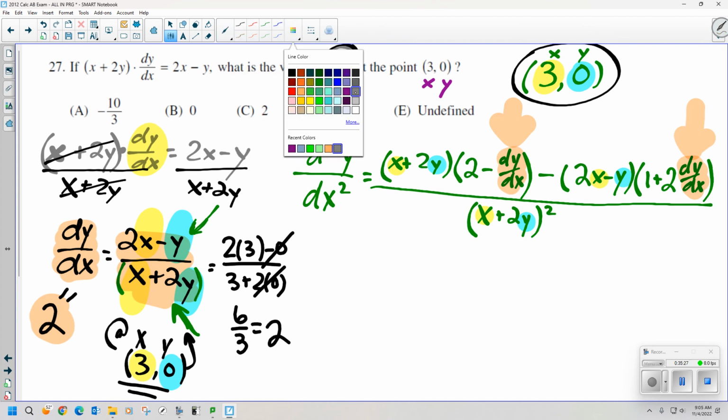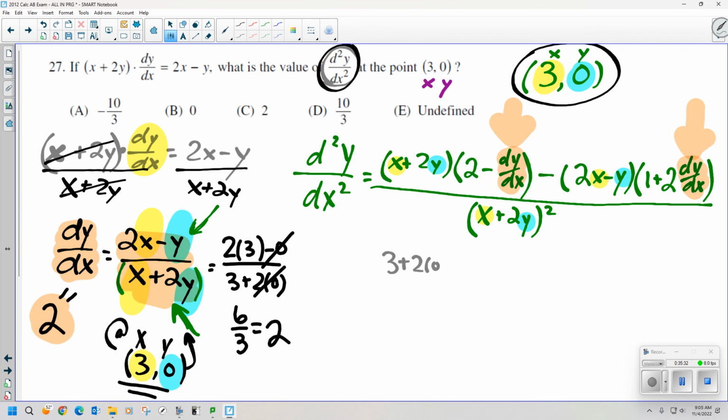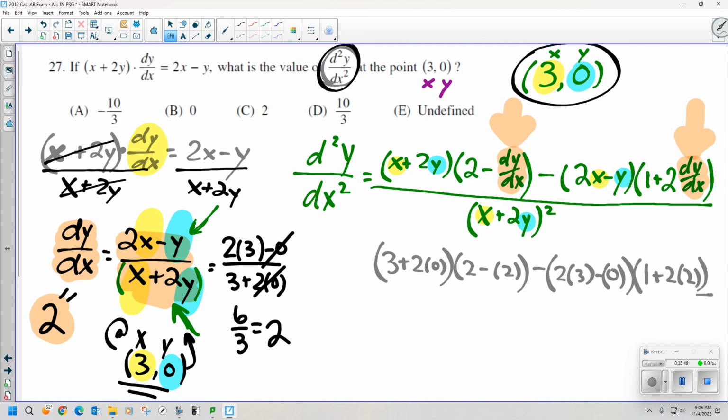Great. 3 plus 2 times 0 times 2 minus, a 2 goes in for dy dx, minus 2 times 3 minus 0 times 1 plus 2 times 2, all over 3 plus 2 times 0 squared.